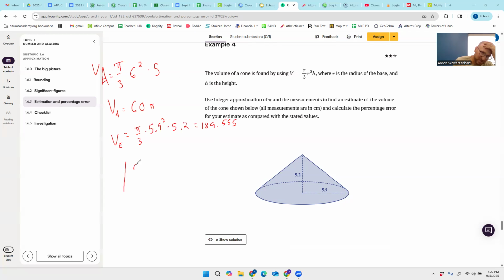So my percent error, 60 pi minus 189.555 over 189.555. And that'll give me the decimal version of the percent error.